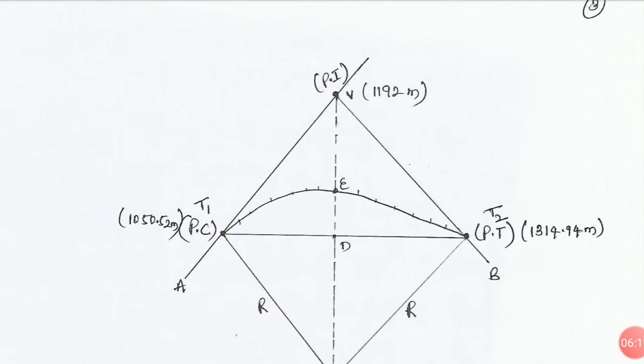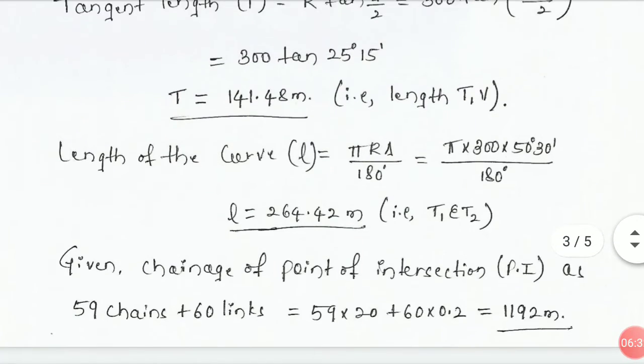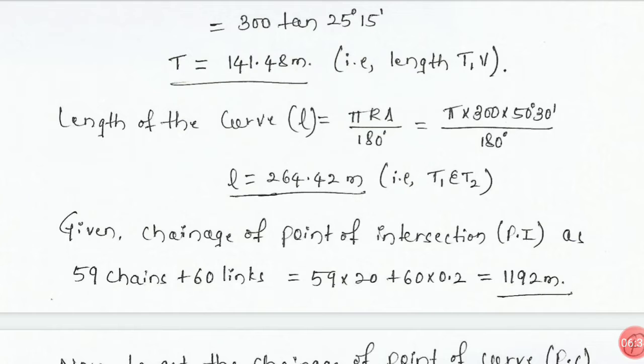Okay, now I know the chainage of point of intersection. To know the chainage of point of curve, or to know the chainage of point of tangency, I need to deduct or add the length of tangent to the chainage of point of intersection. Chainage of point of intersection, we have it as 59 plus 60, that is 59 chains plus 60 links, that is 1192 meters.